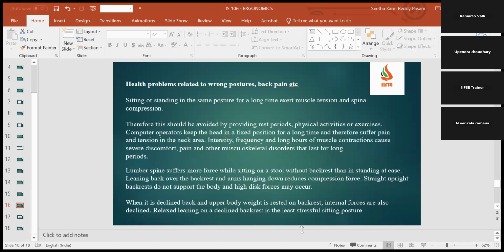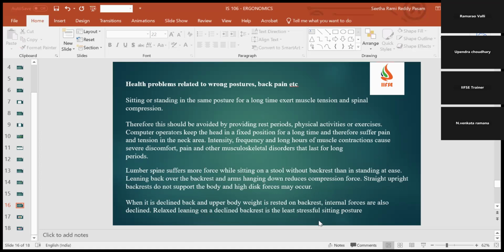Now, also some of the health related problems related to work postures like back pain, etc. Sitting or standing in the same posture for a long time causes muscle tension and also spinal compression. That's where we see most of the IT working people or whoever has a sitting job having back pain or neck pain at very early ages. That is because continuous sitting compresses the spine.